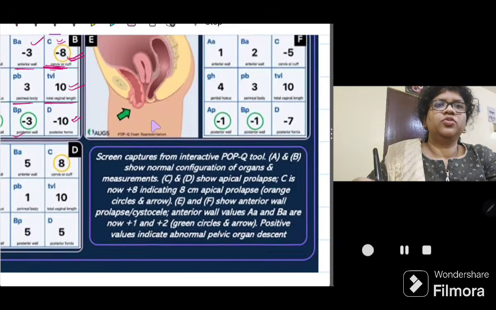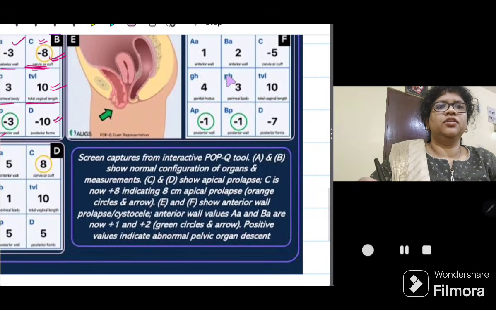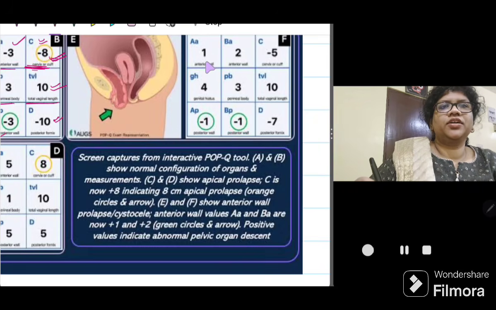Now let's come to the image F. Okay, so just to brush up, these points you will only get after you measure on your patient. Okay, so you can see that in the anterior wall it is +1. Again, the most dependent portion is +2, and the cervix is -5.